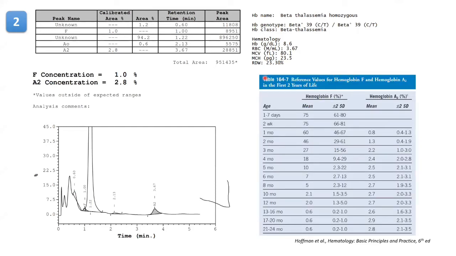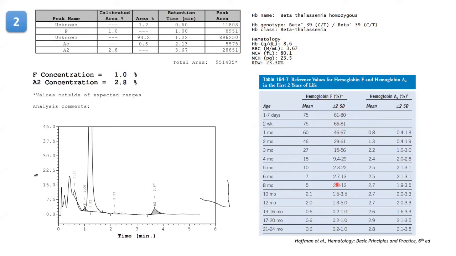So that is why it is good to have this particular table also. This is from Hoffman or any other reference which you can find. It is good to have the age ranges up to 2 years for hemoglobin F and hemoglobin A2. You can see that up to 2 weeks, you can have hemoglobin F levels all the way up to 80%. That is normal.